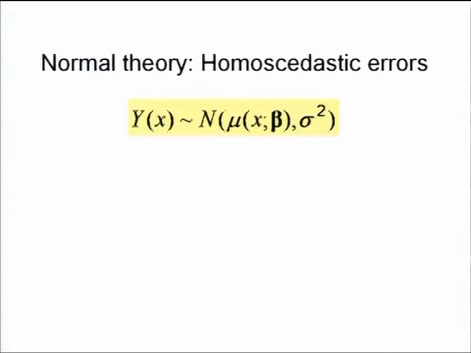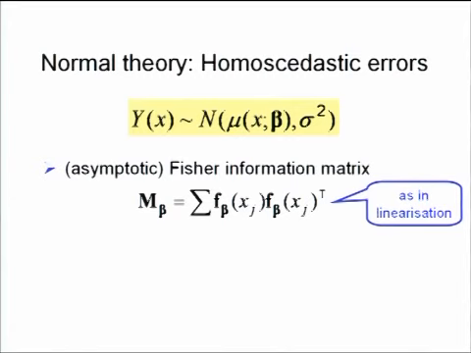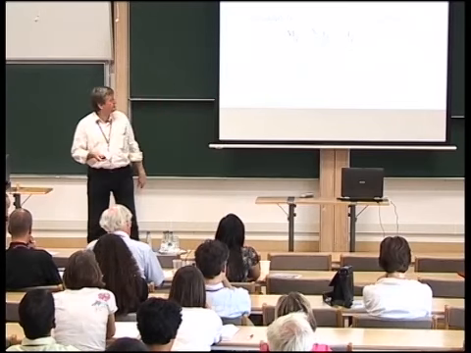So far, so good. We make it a little bit more complicated, or more easy. Consider normal theory. And the question still is, normal normal? We have some more structure, so we can not only get this linear information matrix, but we can take the Fisher information matrix obtained via the score functions for the maximum likelihood estimates. And as in linearization, if we have homoscedastic error, we get the same result, not very surprisingly.